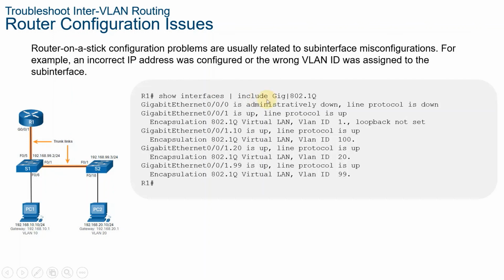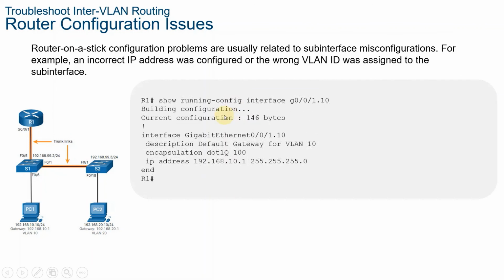In this example, the keyword include was used to identify that only lines containing the letters gig or 802.1q will be displayed. Because of the way the show interface output is naturally listed, using these filters produces a condensed list of interfaces and their assigned VLAN. You don't want to see all those configurations set on the switch or on the router. So that's why we're using these filter commands.